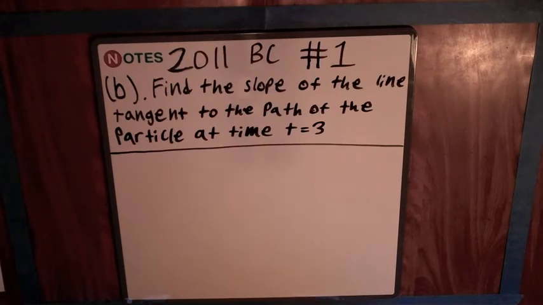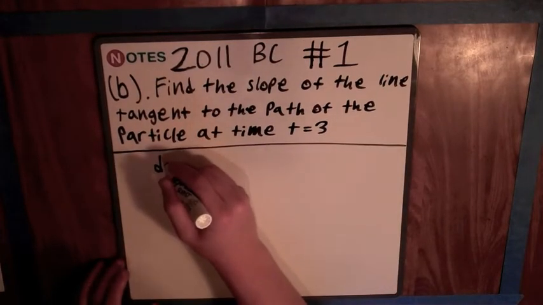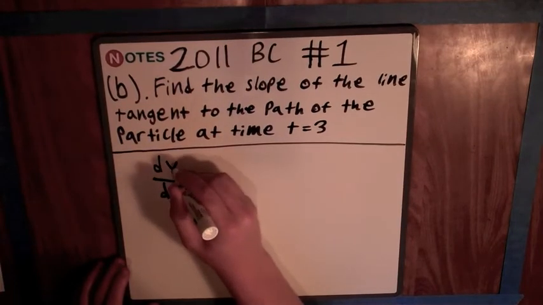Part B. Find the slope of the line tangent to the path of the particle at time t equals 3. So for this part, what it's asking you to do is find a tangent line to the original equation. For this, you will need to know dy dx.